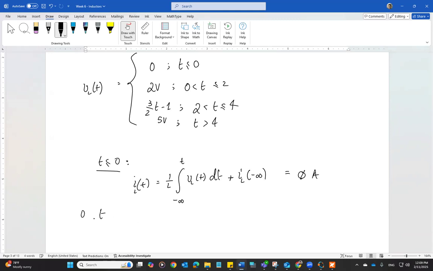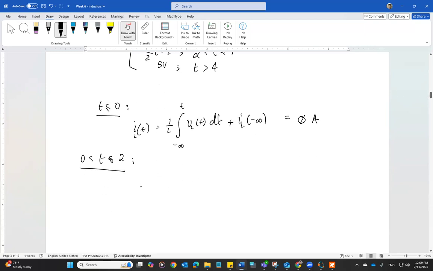Now, between 0 and 2 seconds, we're going to go ahead and integrate 2 volt, 2 times dt, plus the value of current at 0 positive, 0 negative.